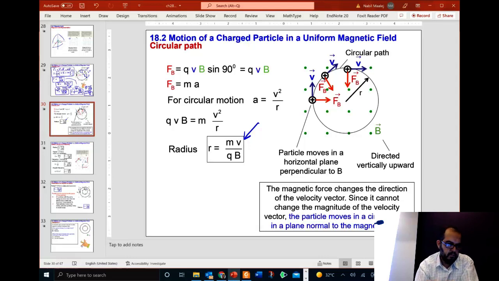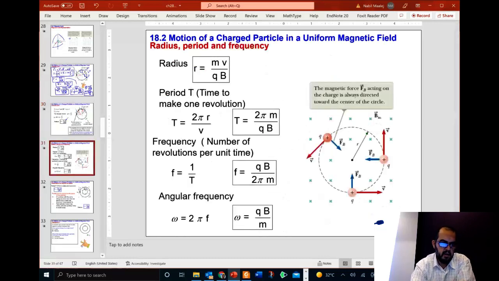Then in the next slide, we determined, since v is equal to the circumference, 2 pi r, divided by the period T, we can solve for T. It becomes 2 pi m over q. Here I'd like to add an absolute value for q, because the period cannot be negative. If the charge is negative, you don't give me a negative period.